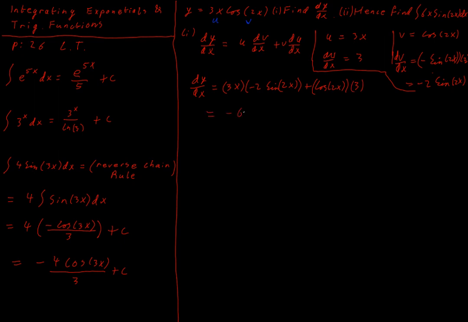So we end up with minus 6x sine 2x plus 3 cos 2x. Now, hopefully something immediately jumps out at you. Part 2 asks us about the integral of this function here.